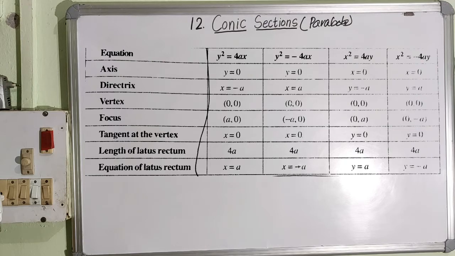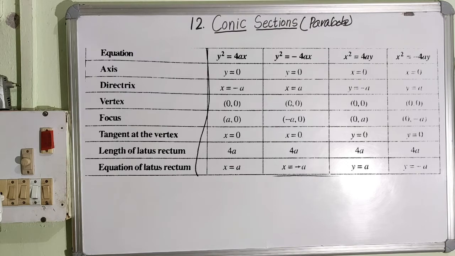Now, in all these tables that you see, the most important thing is the vertex. These are all the values of the given information: axis, directrix, vertex, focus, and so on, right? These depend on the vertex, because the location of the vertex is at the origin. When the vertex is at the origin, the values of all the components, axis, directrix, and focus, will be according to the table.